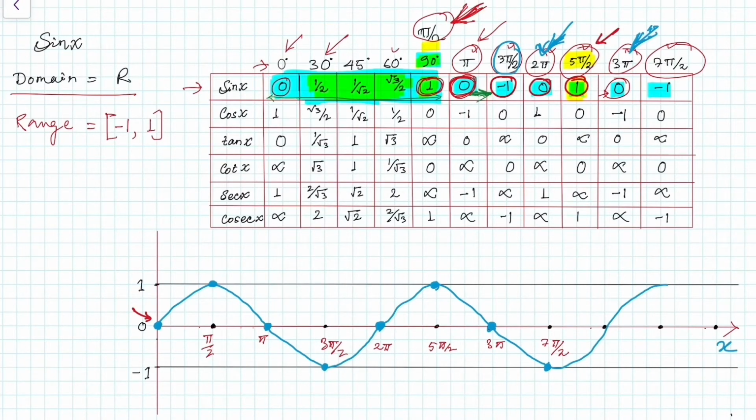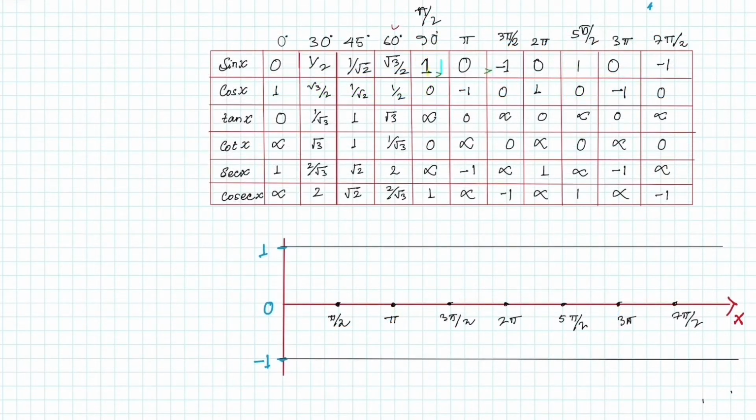Now let's move on to cos x, how to draw the graph of it. Let me show you how to draw the graph of cos x. So what is the domain of cos x? If you observe the values of cos x, you can see that like sin x, for all the values of x, cos x is defined.